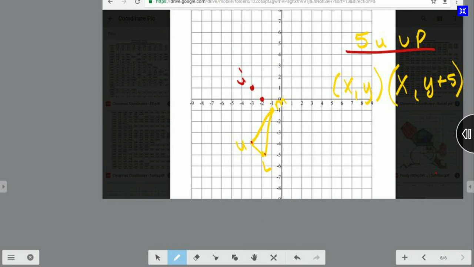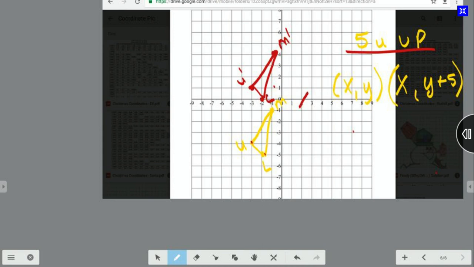M. 1, 2, 3, 4, 5. M prime. L prime. Yes?